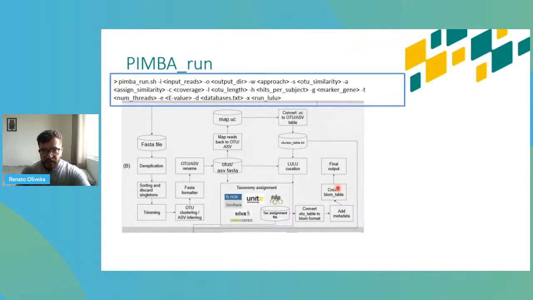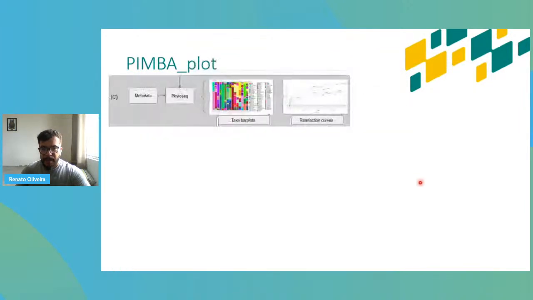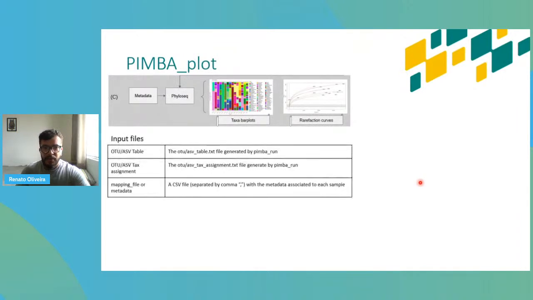This is an example of a command line that you could use to perform all this analysis, and here we have all the parameters. With the results of a PIMBA run, you can plot some basic images.